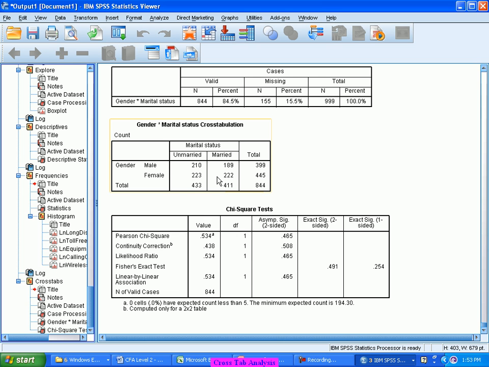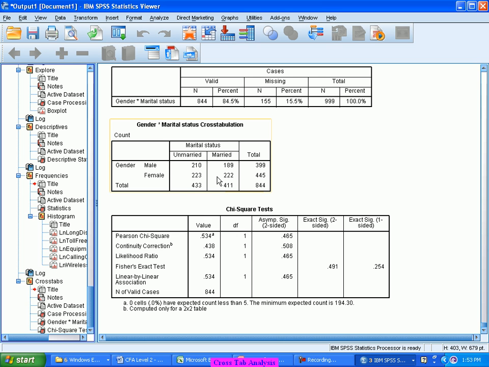So at least the visual observation is telling that the distribution is not uniform, either when I look at it from the male-female standpoint, or from the married-unmarried standpoint. There is some difference. Now, whether that difference is significant or ignorable, because we always work on samples of data, the visual eye is telling there is some difference. Males and females, these are the numbers.